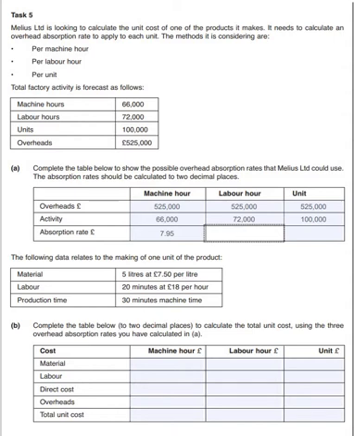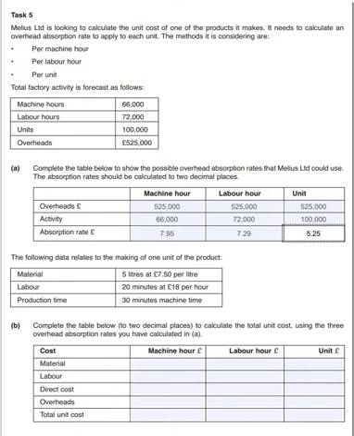Divide the overheads by the activity for labour hours, and we get £7.29, and per unit we just divide the overheads by the activity, which gives us £5.25. So there are our overhead absorption rates.